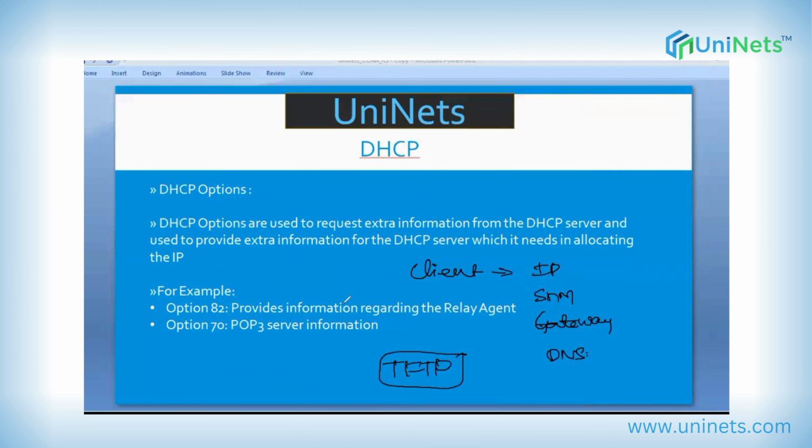So he will request that in an option. He will set this option bit to 1 and send it. And whenever the DHCP server receives it, he will check, yes, he needs this information, so he will give that information to the client, right? So it is nothing, just requesting some extra information.